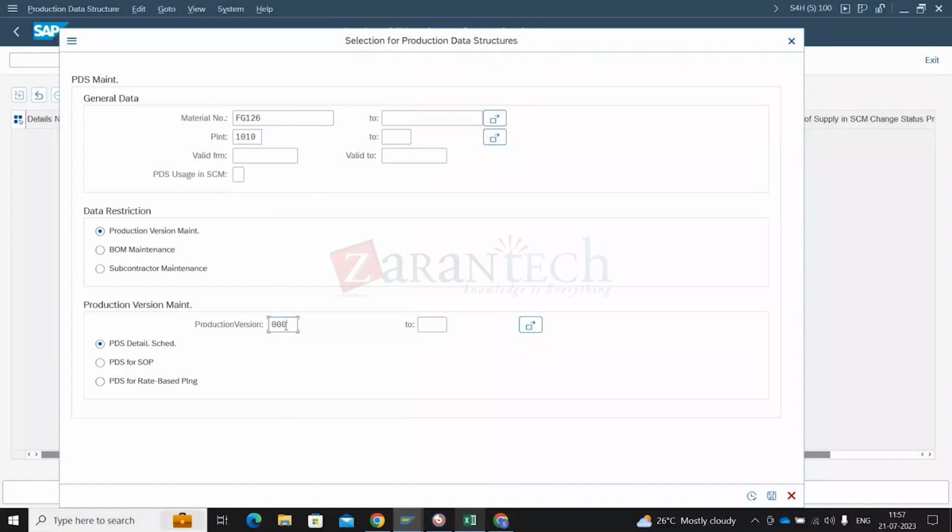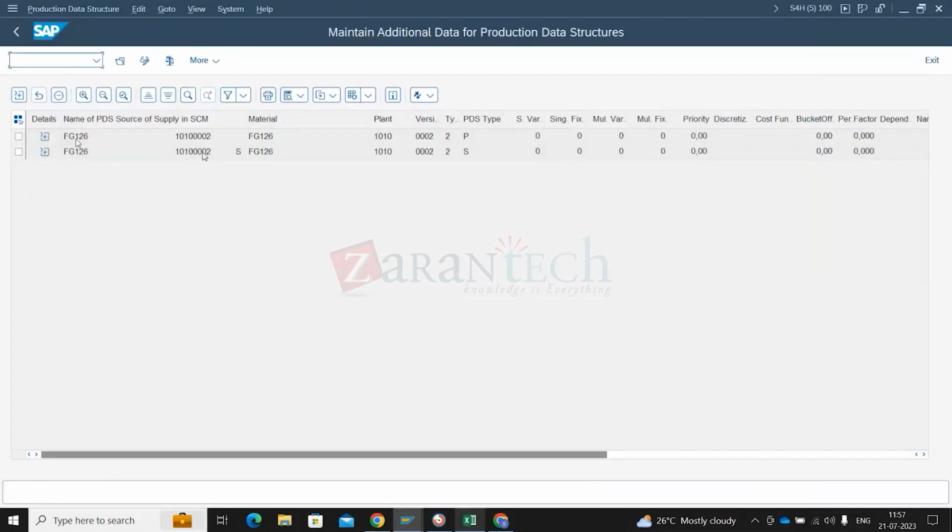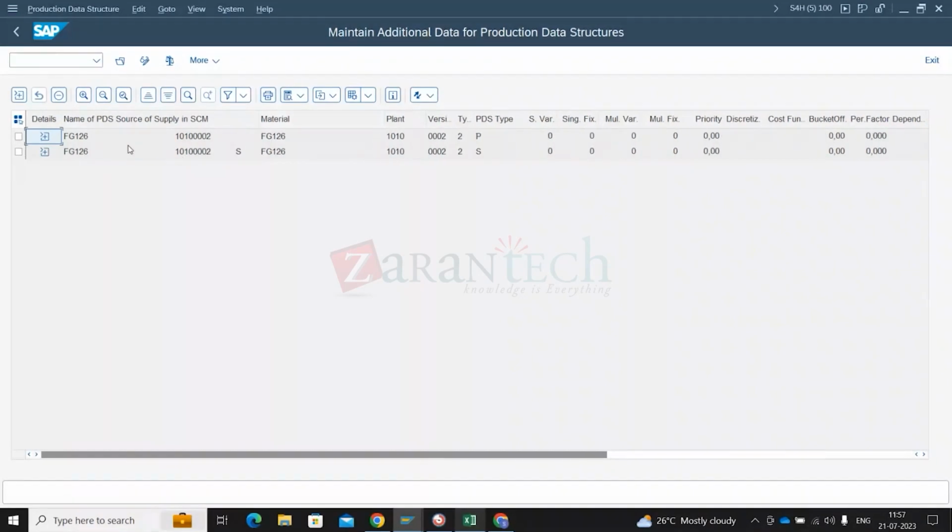You want to give the production version number also if required, right? So it is 0002 and just execute. Let's see if the PDS is generated. So we are able to see two PDSs here. The one ending with ES is SNP. Now we don't have SNP, but someone might be using APO based SNP also, right? So it is generated. The other one without that is the PPDS PDS.